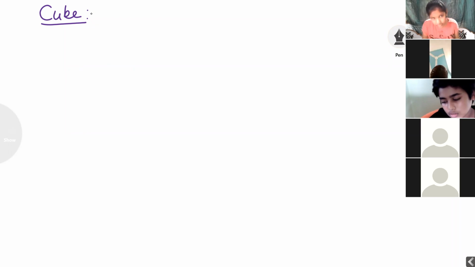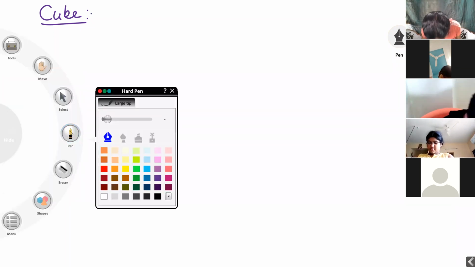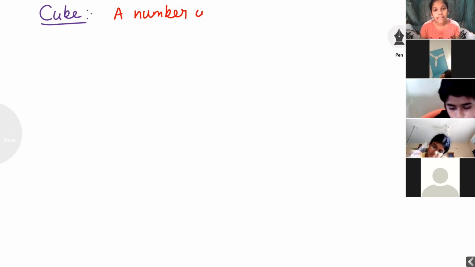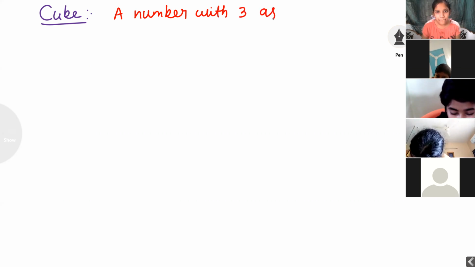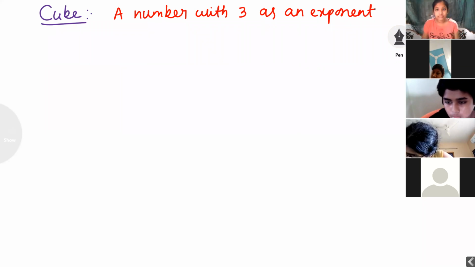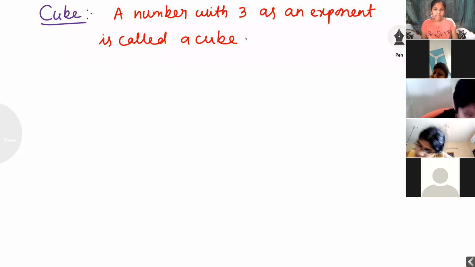Note down what is a cube. A number with 3 as an exponent is called a cube.